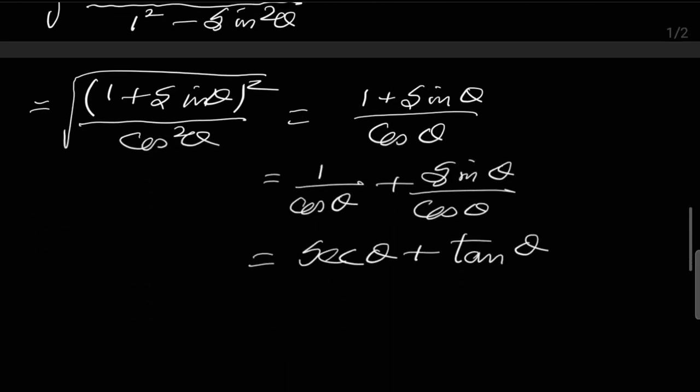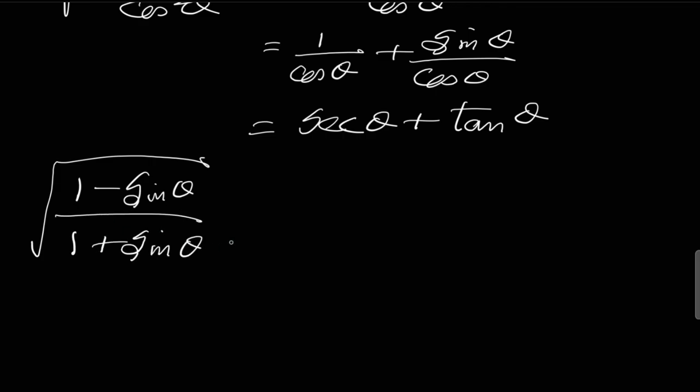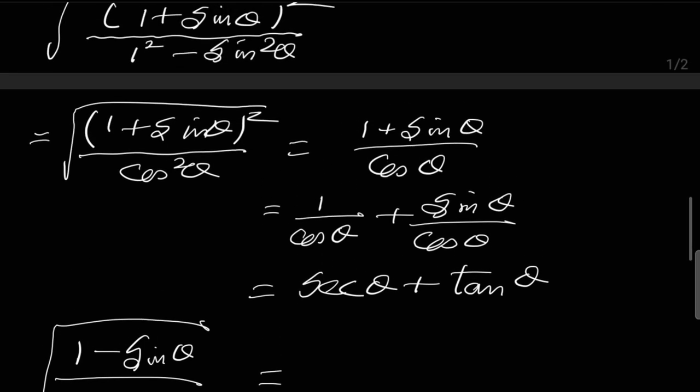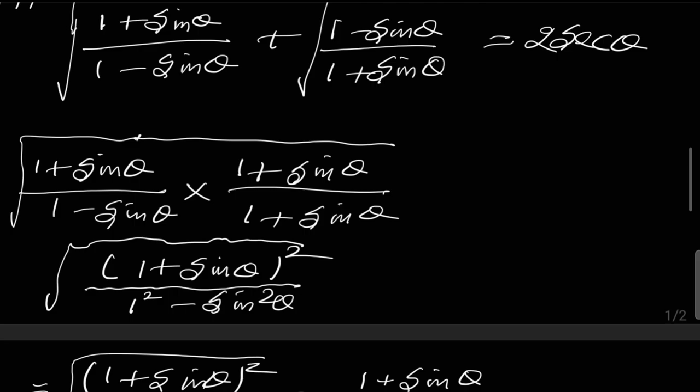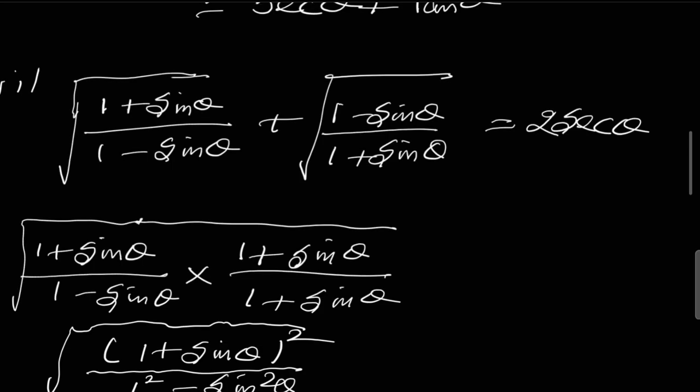Now you take the second one, root of 1 minus sine theta by 1 plus sine theta. Directly you can write the answer for this. It is the conjugate of this first term. Same terms, but they differ only with the sign, so they are conjugate of each other.